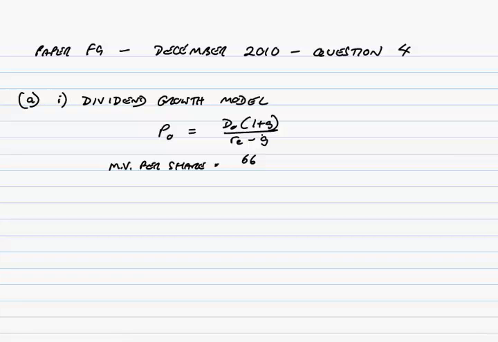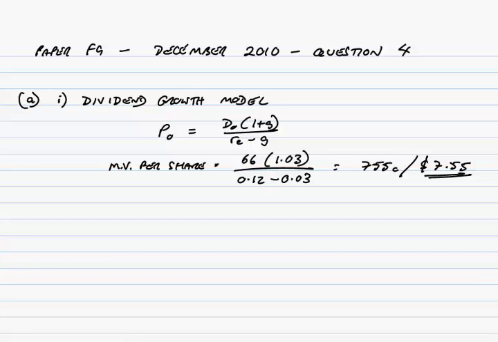So times 1 plus g, the growth rate, 3%, over cost of equity, 12%, 0.12, minus the growth, 0.03. And so 66 times 1.03 divided by 0.09, I get 755 cents or $7.55 per share.